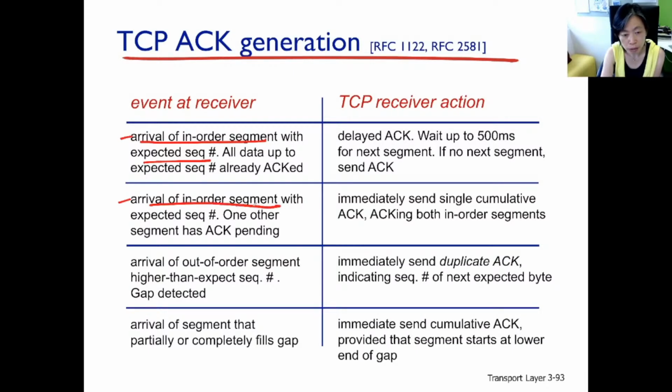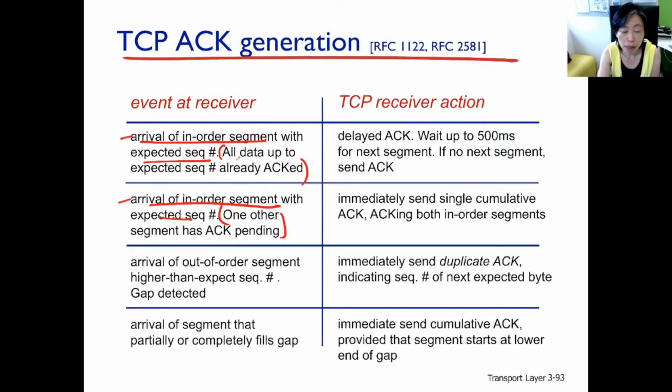Both are events similar to the significant event in Go-Back-N's receiver: data arriving, not corrupted, and carrying the expected sequence number. So good news, we're supposed to generate an ACK and send it back. But at TCP's receiver, how we send the ACK back depends on the second condition here.